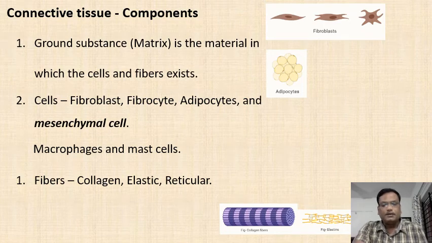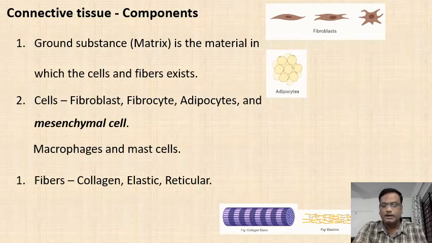Now let us understand the components or structure of connective tissue. If you recall, the epithelial tissue is mainly made up of cells, and the other part is mainly the basement membrane. So it was a very simple tissue with basement membranes and cells, whereas connective tissue is a little bit different.